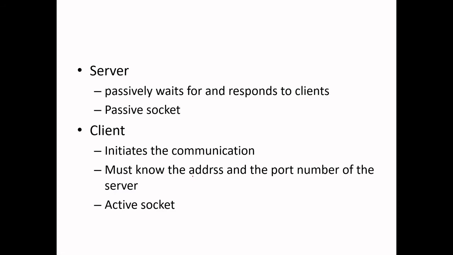Say, for example, I want to get data from sctca.ac.in. I must know the address. I might not know the IP address, but I know that sctca.ac.in is what is known as a domain name. We have this because for human beings, it is difficult to remember IP addresses or numbers.